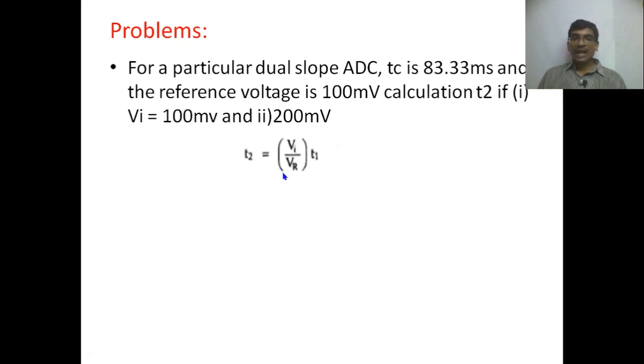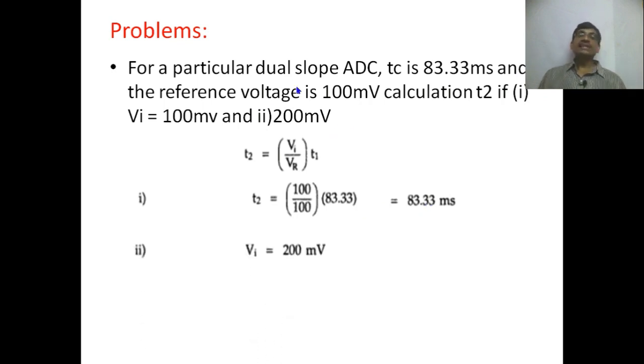T2 is equal to Vi by Vr into T1, which we already derived in the equations. Therefore, T2 is equal to the input voltage of 100 millivolts divided by the reference voltage of 100 millivolts, into T1 of 83.33 milliseconds. Therefore, T2 is equal to 83.33 milliseconds.